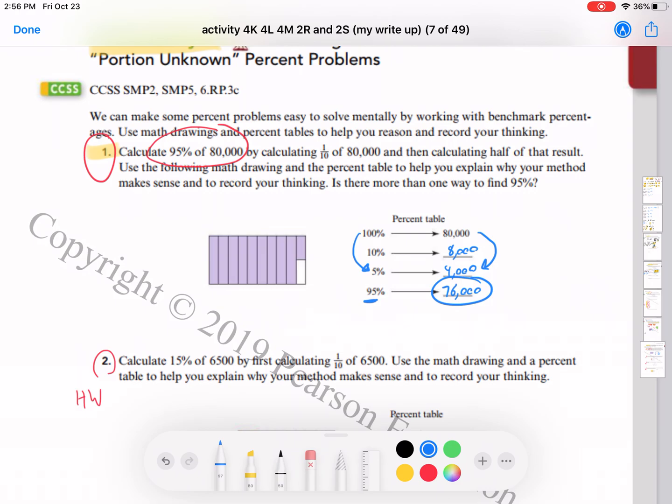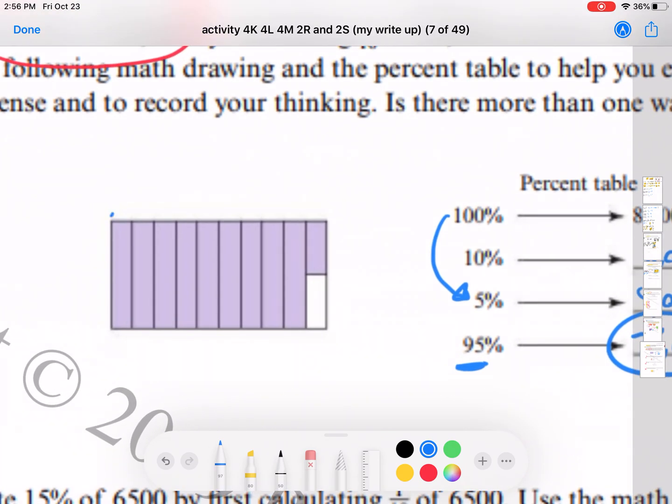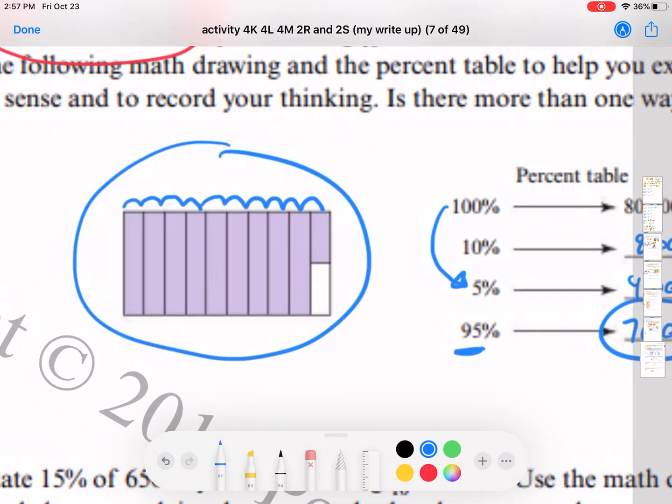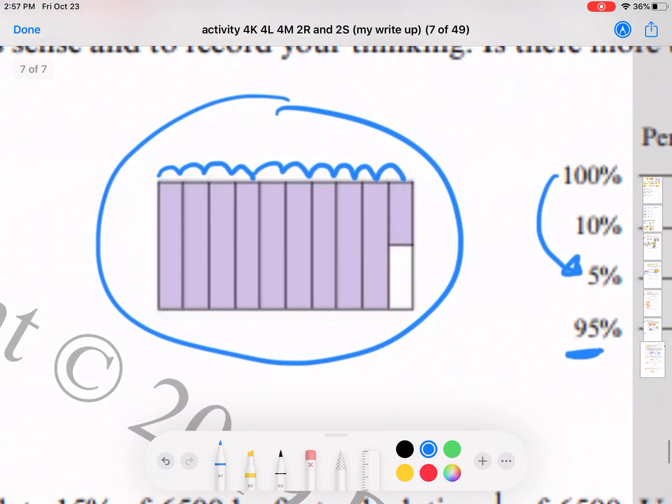Now, how we could do that here is, I assume these are 1, 2, 3, 4, 5, 6, 7, 8, 9, 10 equal pieces, which makes each one of them 1/10. And so if this whole thing represents 80,000, then each of these is 8,000. So this is 8,000.